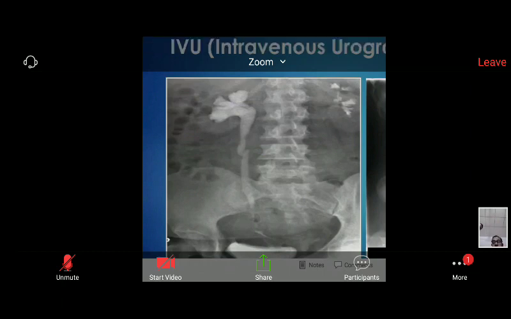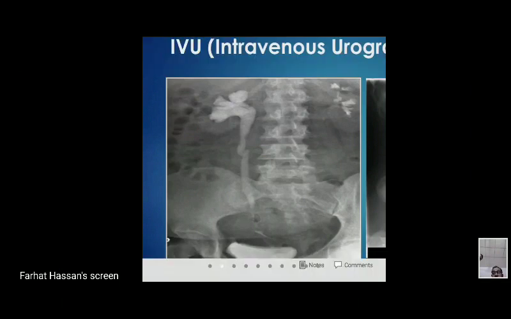So what is the diagnosis? It is hydronephrosis. So what is hydronephrosis?